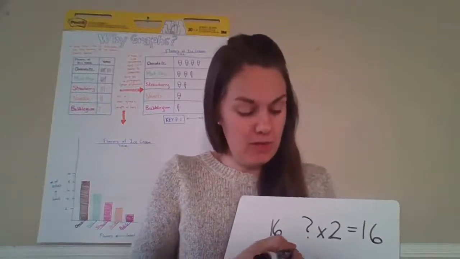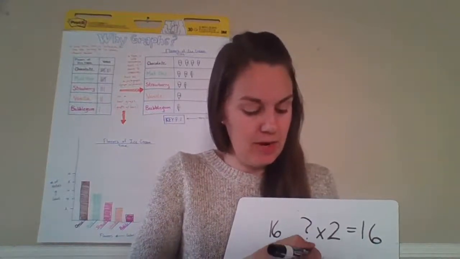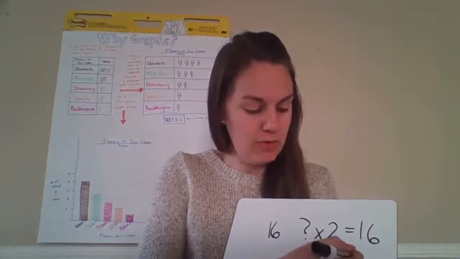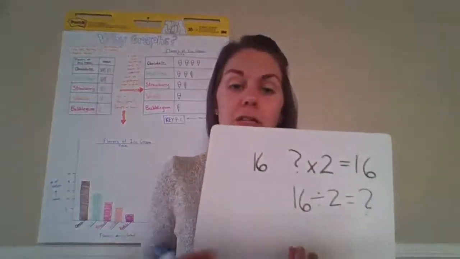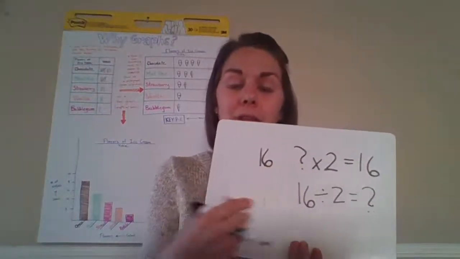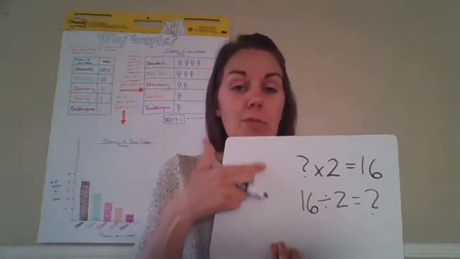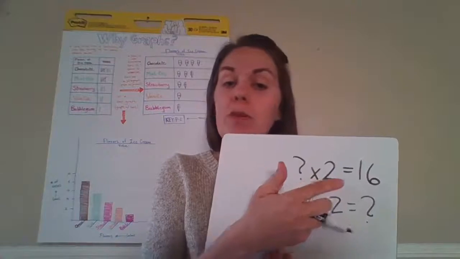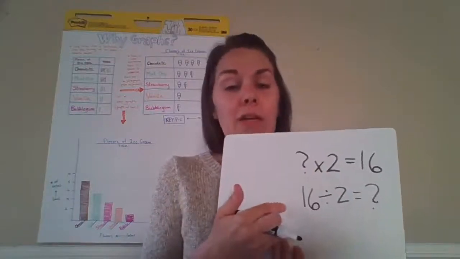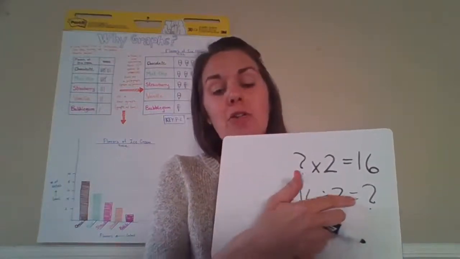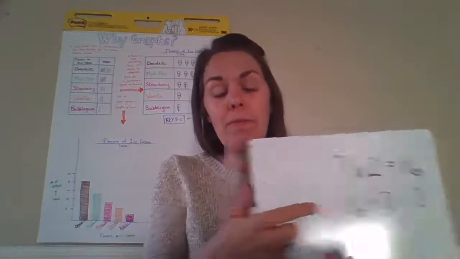They're also telling you that you can think of it as 16 divided by 2 equals what number. And you guys know that these are fact family facts, and so we can do it either way. So we can think of it as a multiplication problem. What number times 2 equals 16? Or the inverse of that, 16 divided by 2 would equal some number.